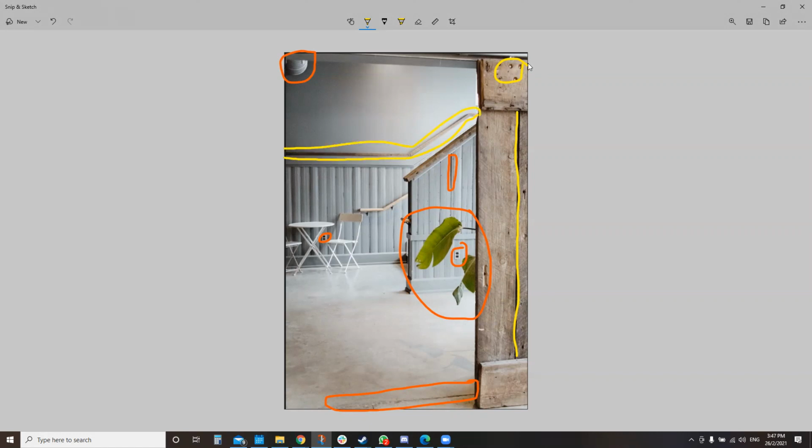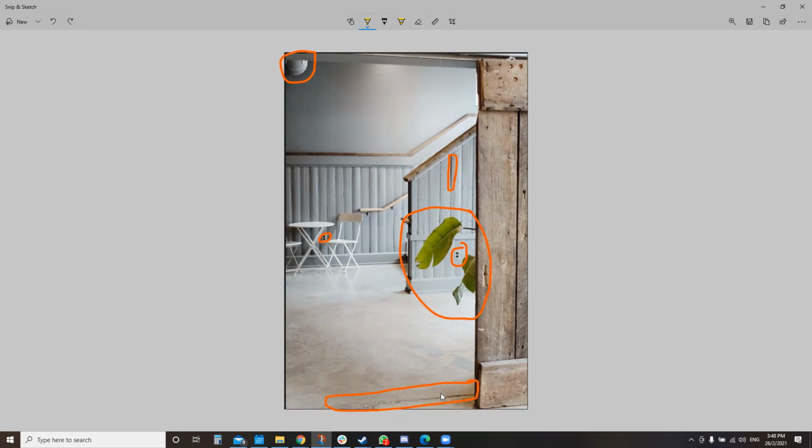By removing the things that I'm drawing in yellow, you are making the picture look very fake. You're making the picture look very staged. Staged means you will make the picture look very edited, which is what the client doesn't want. So that's why we are only removing certain things, like what I've shown in the red here.